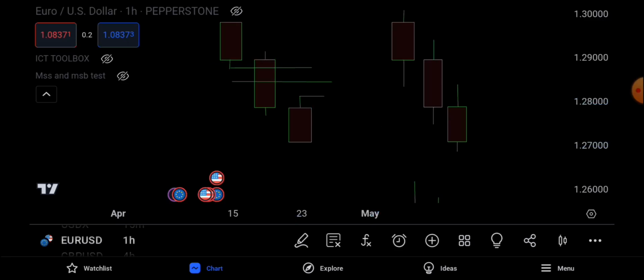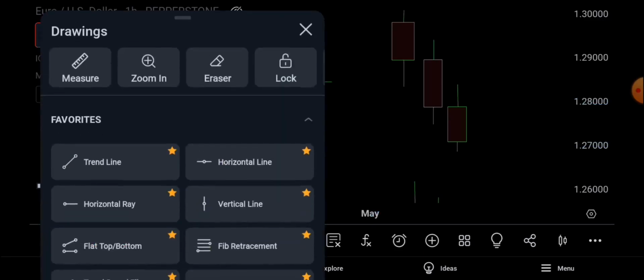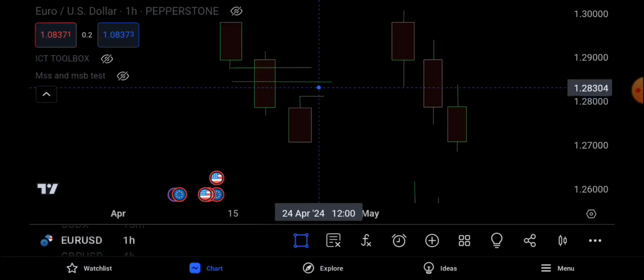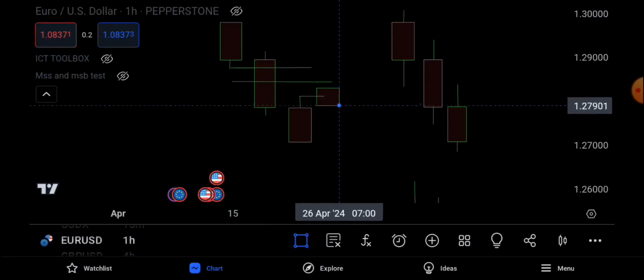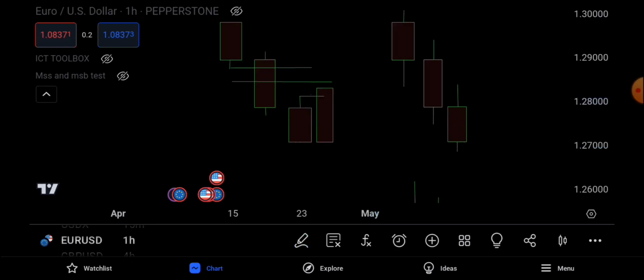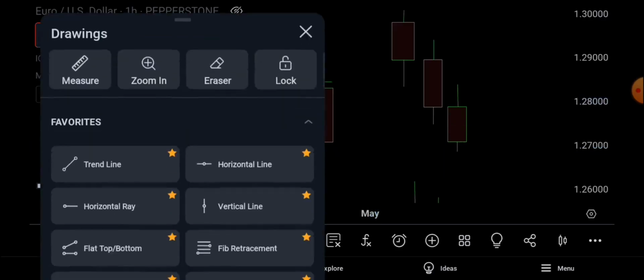For invalidation and validation, the candlestick could come into the fair value gap as well, but it must close below the 50%, also known as the mean threshold.